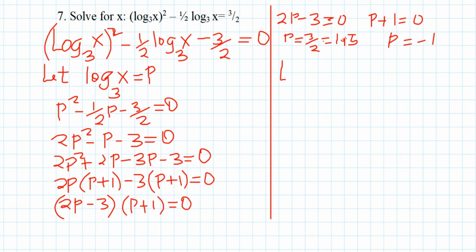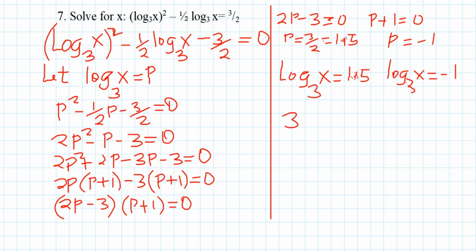But now, we remember that this value of p is what we let to be the log to base 3 of x. And so we substitute back the log to base 3 of x to be equivalent to 1.5. And we also let the log to base 3 of x be equivalent to negative 1.